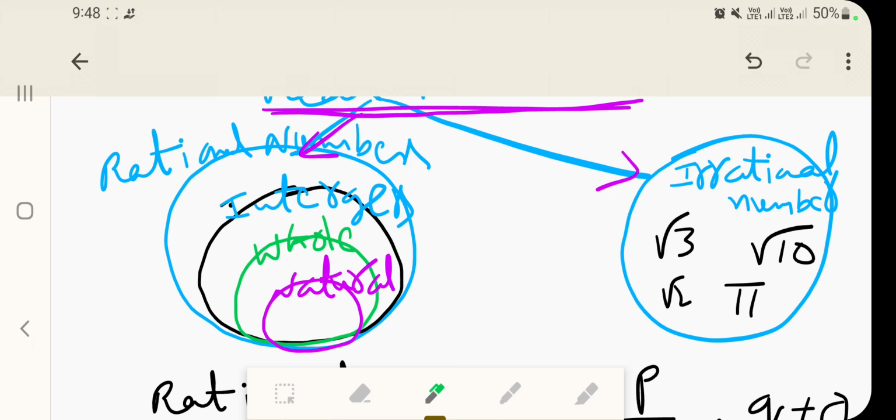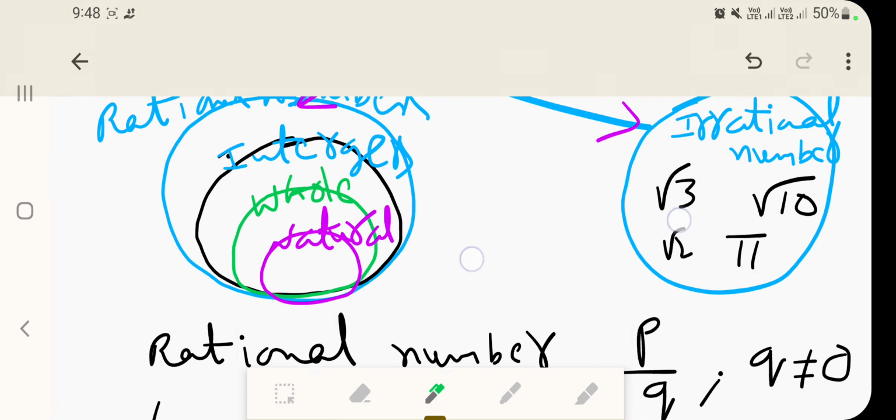Natural numbers we can also call counting numbers: 1, 2, 3, 4 and so on. Natural numbers do not include 0 and negative numbers.